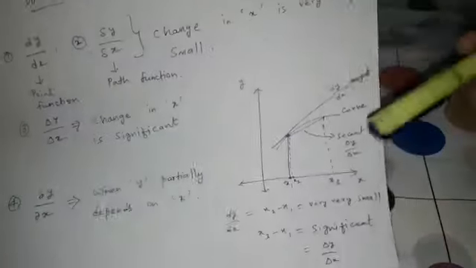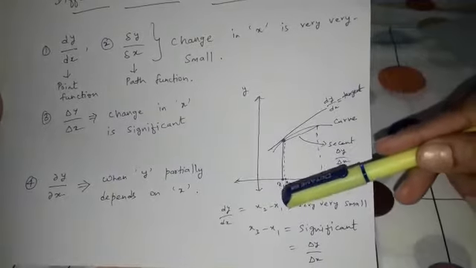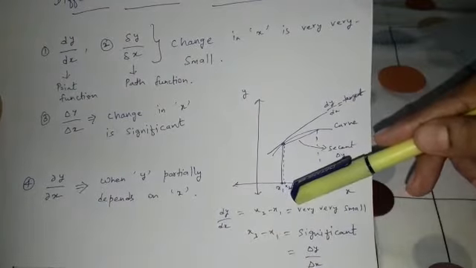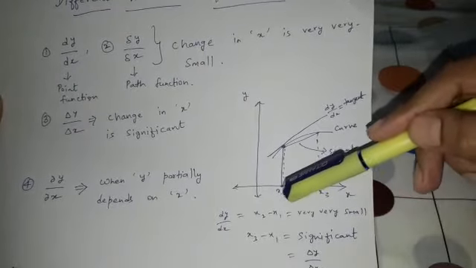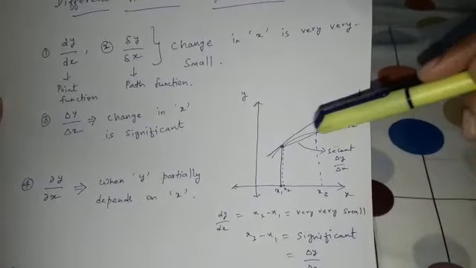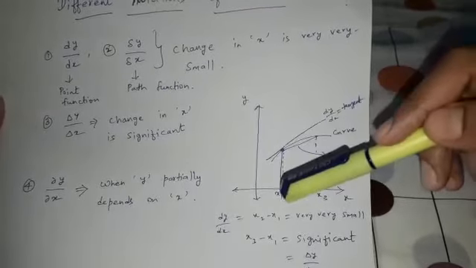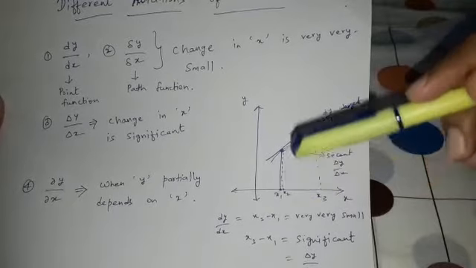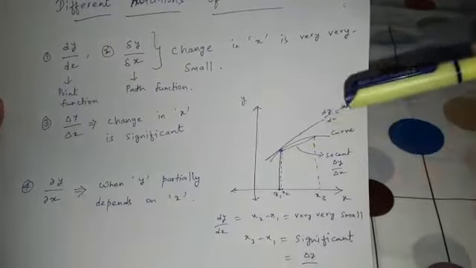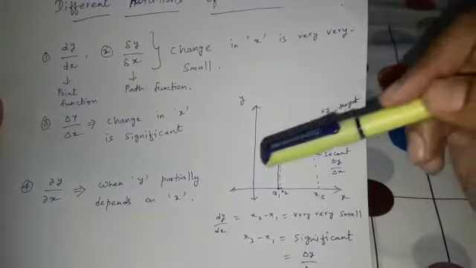And if we see the graphical meaning, this is my x1 on the x-axis. I took x2 very near to x1, so the difference x2 minus x1 is very, very small, and this is some arbitrary curve. If I want to bring a relation between x1, x2 and y, I get a tangent to the curve. So dy over dx means a tangent to the curve.